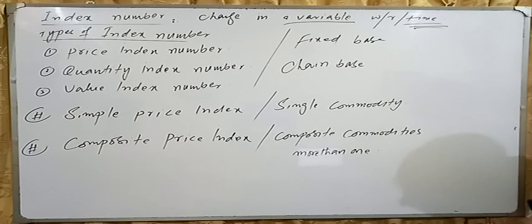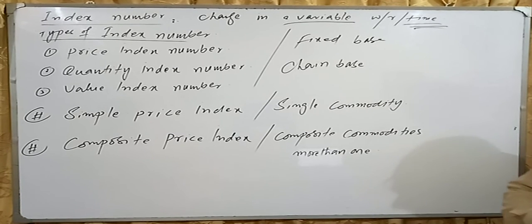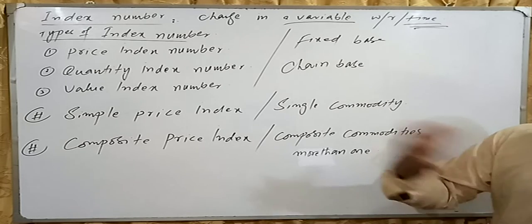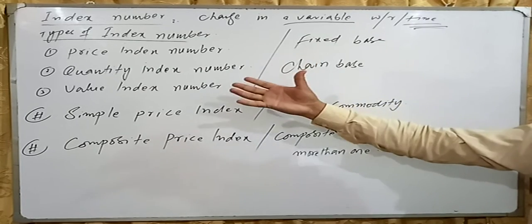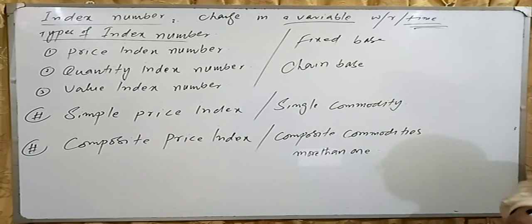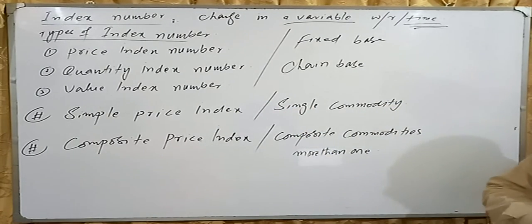After that, another very important point is that an index number is the measure of change in a variable or group of variables. Maybe a single variable for a single commodity, or a group of variables, from one time period to another time period.